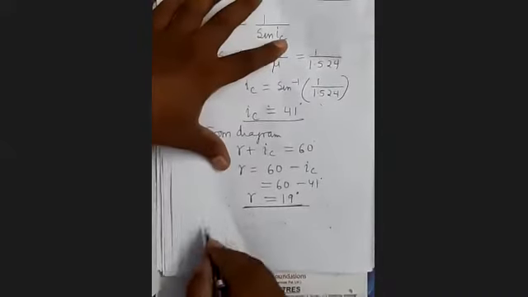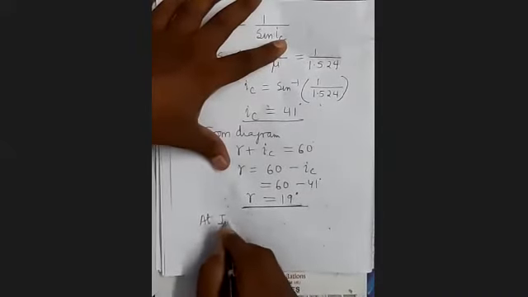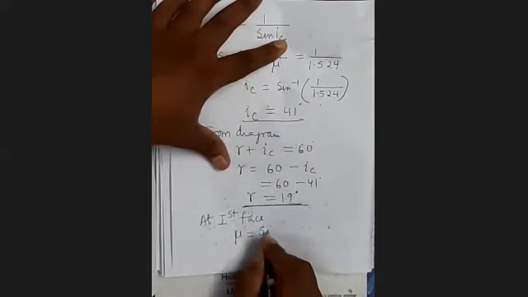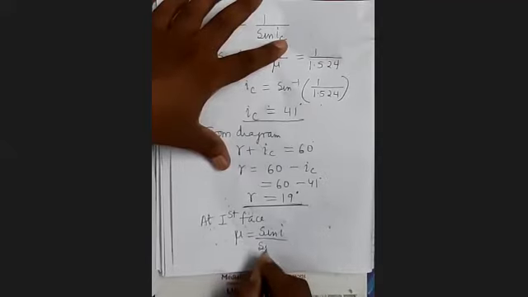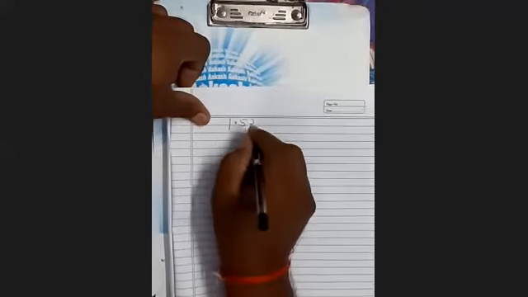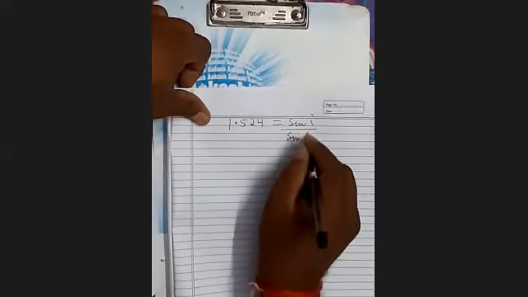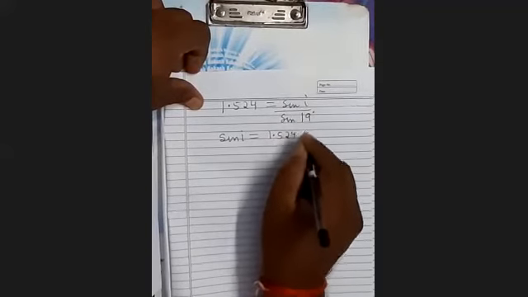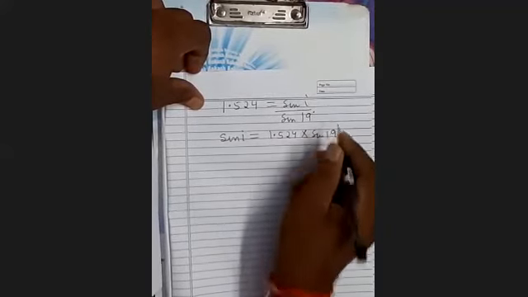So at the first face, mu equals sin I upon sin R. Mu is given 1.524, equals sin I upon sin R, R is 19 degree. So you find out sin I equals 1.524 into sin 19 degrees.